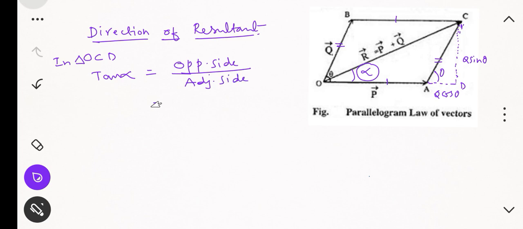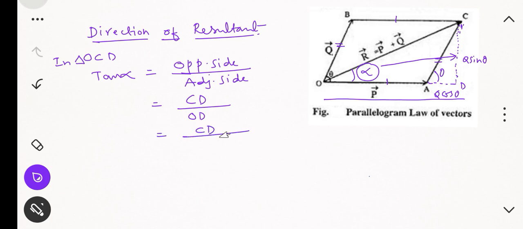The side opposite to the angle alpha is q sin theta, which is equal to CD, divided by the adjacent side OD. That is equal to CD divided by OD.